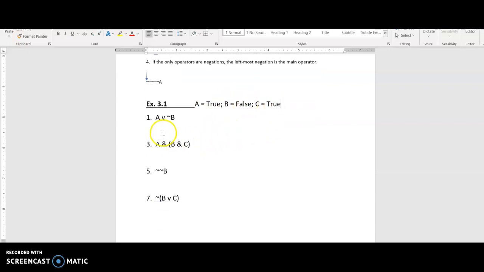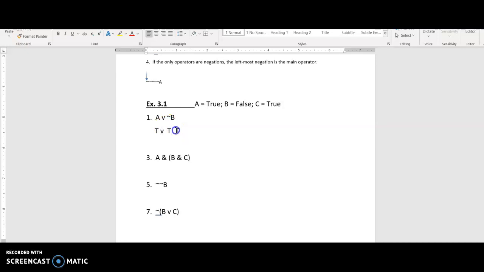He assigns truth values. When you're doing these kinds of problems with complex sentences, especially when you're just getting started, the first thing to do is put the truth value under the letter. So we've got A is true, B we know is false, so I put the F under the B. Now we know that if you have a false sentence and you negate it, that gives you a true sentence.